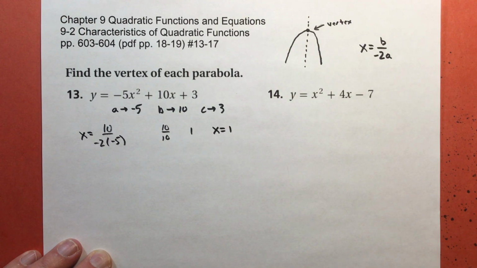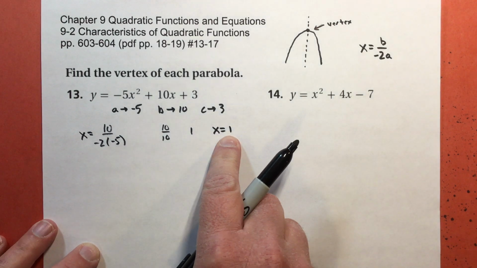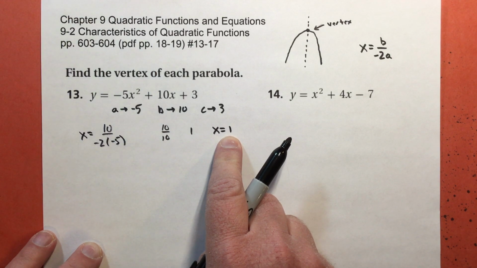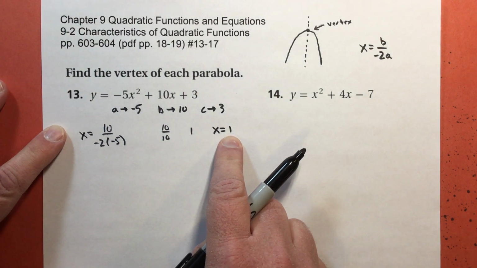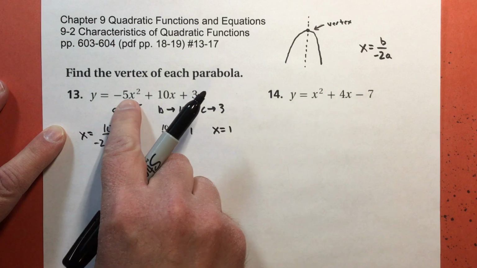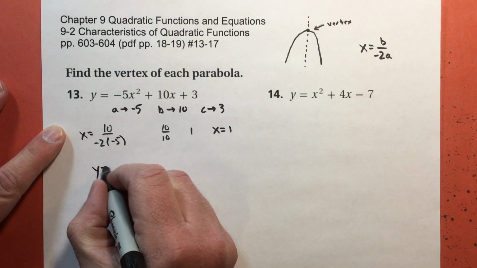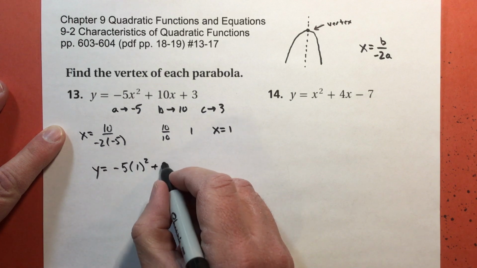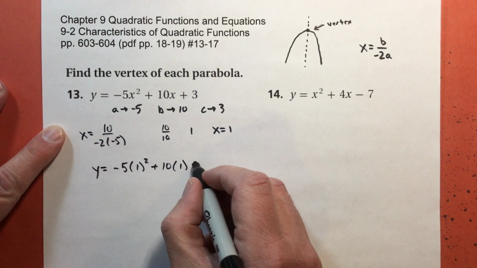That means that the x-coordinate of my vertex is that number, because all of the x-coordinates on the axis of symmetry are 1, and the vertex is on that axis of symmetry. So now I'm going to take that 1 and replace it. So you get y equals -5 times 1 to the second power plus 10 times 1 plus 3.